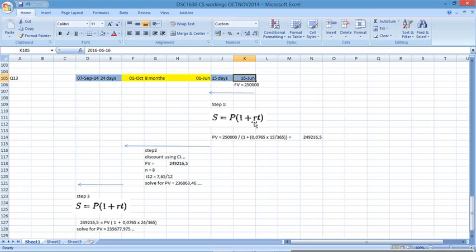So September 1st, 2014 to June 16, 2015. I get 282 days.